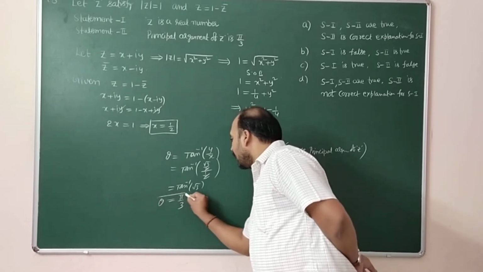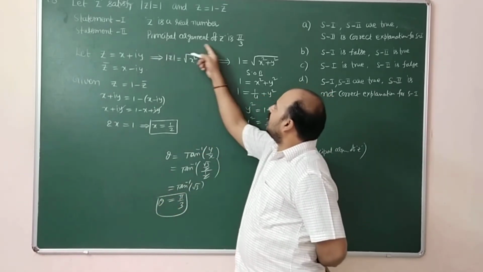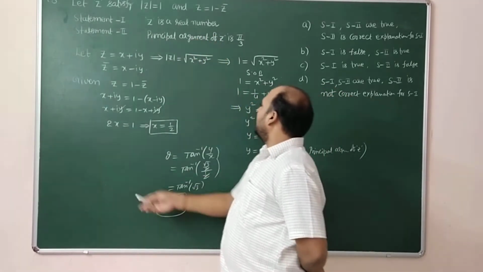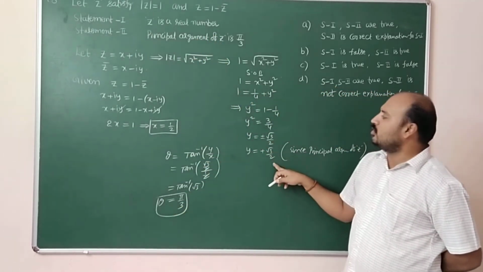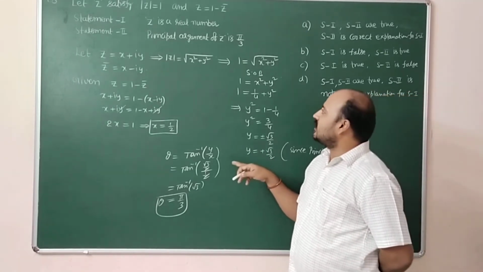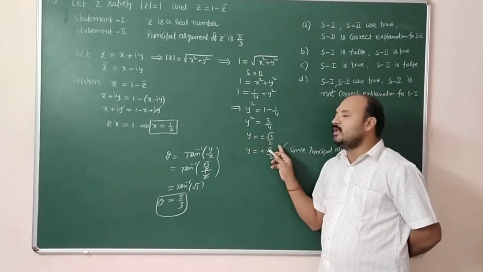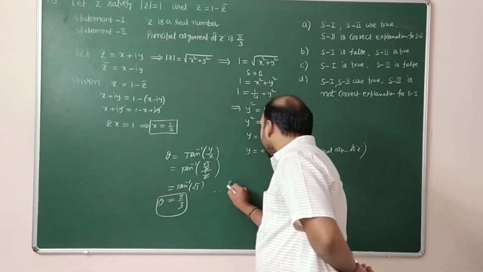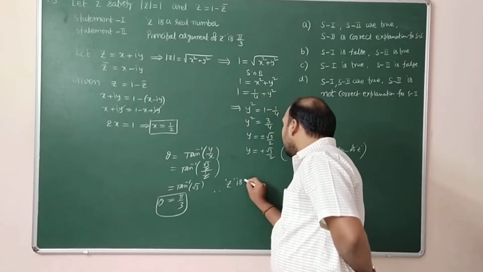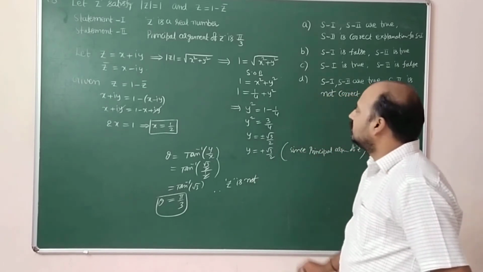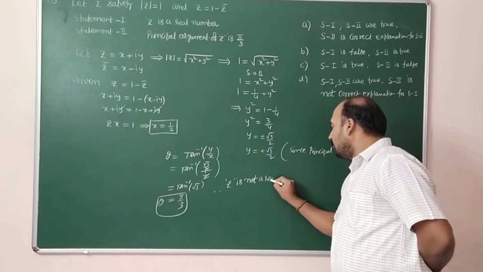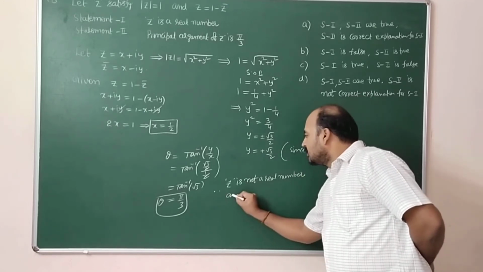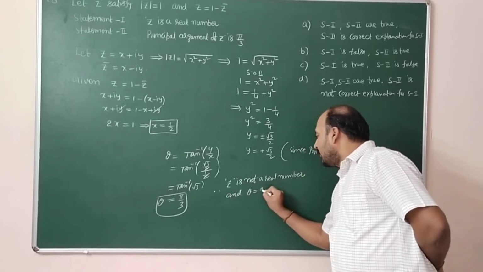So in statement 2, the principal argument of z is pi by 3 and z is a real number, they said. But the x value is 1 by 2 and the y value is root 3 by 2. So x plus iy means 1 by 2 plus i root 3 by 2. It is not a real number. So z is not a real number, and the principal argument theta equals pi by 3.